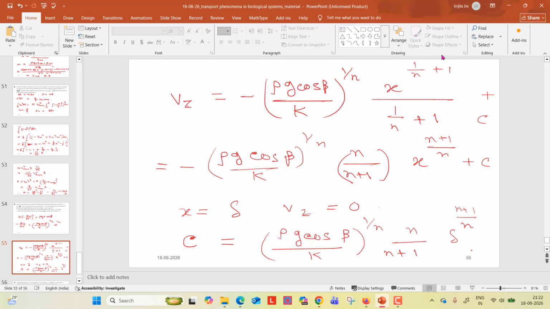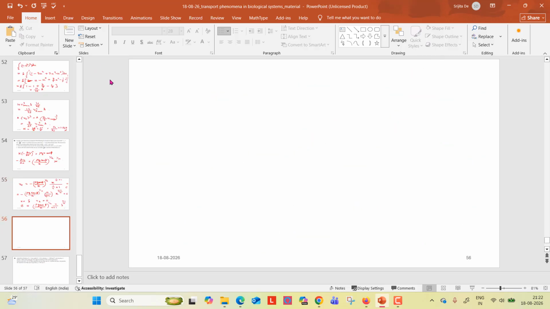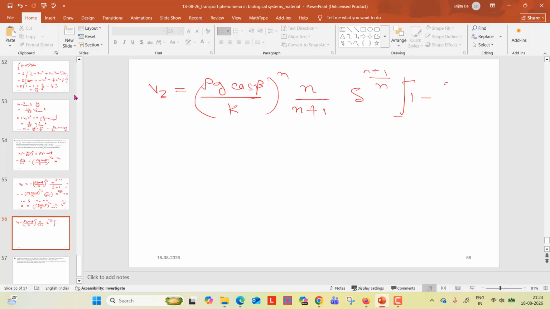Now if you write the Vz, it will come as Vz equals rho g cos beta by K whole to the power 1 by n into n by n plus 1 into delta to the power n plus 1 by n. If you take common, it will come as 1 minus x by delta whole to the power n plus 1 by n.